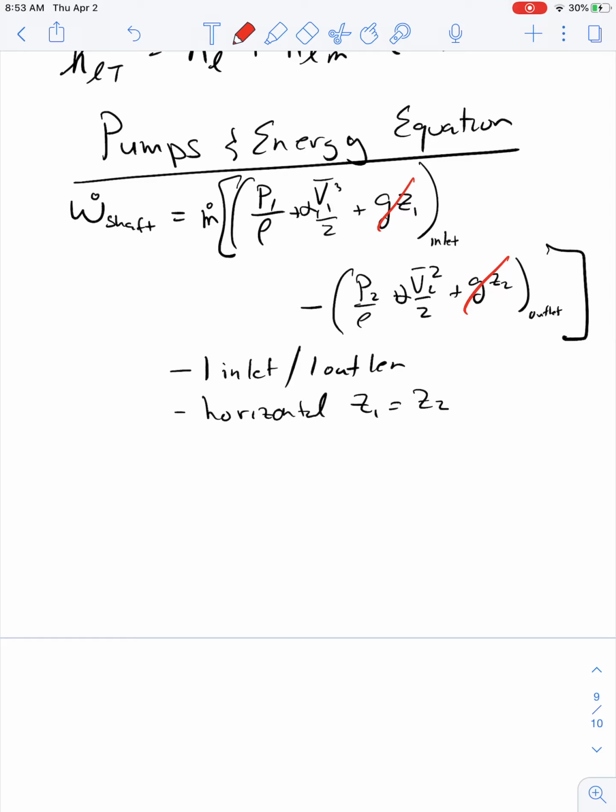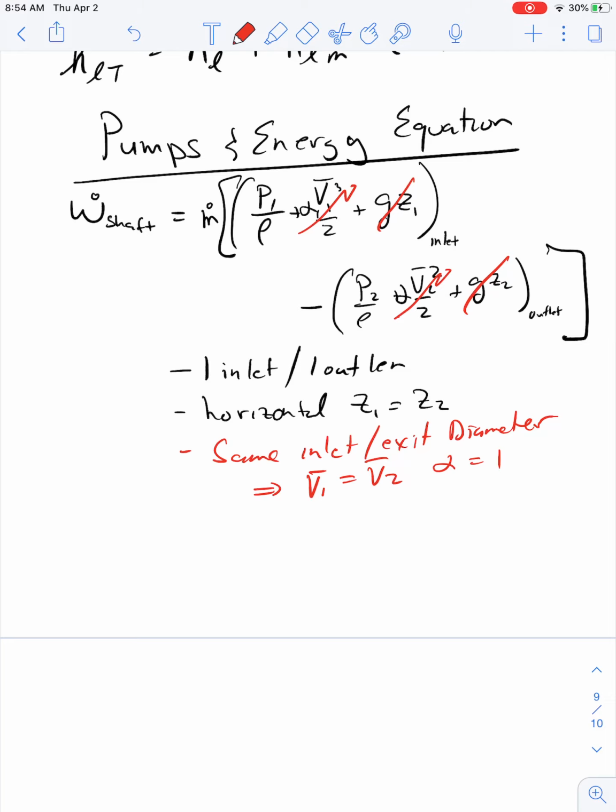And if we have one inlet and one outlet of the same diameter, then conservation of mass tells us that V1 bar is equal to V2 bar, and let's assume alpha is equal to 1 for the moment.